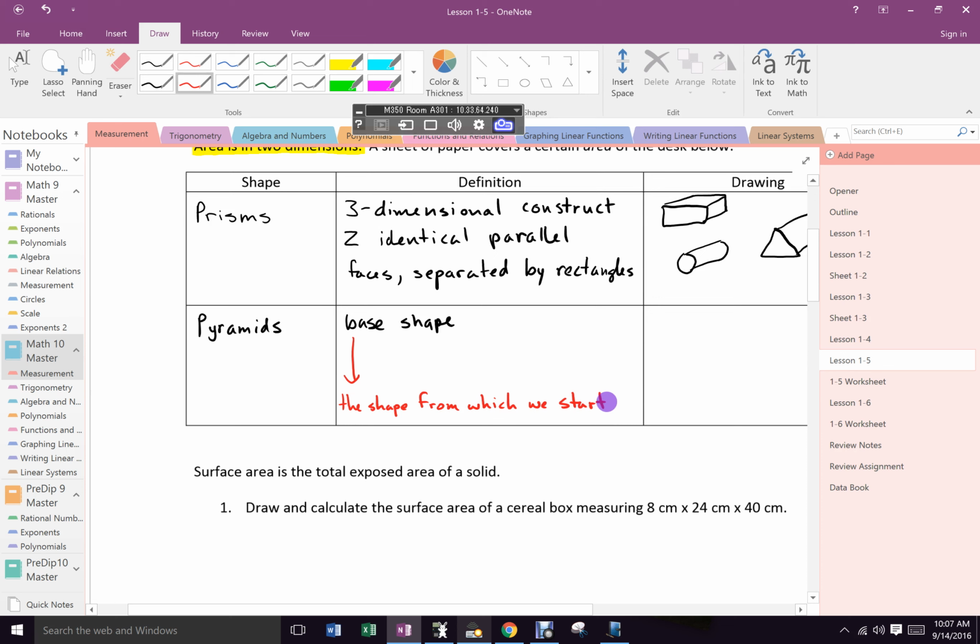So it's the shape that you start the pyramid from. And the reason I bring this up is because you can have a pyramid turned upside down, which is the Louvre Art Museum in Paris. It is a base shape from which all sides meet at a single point.